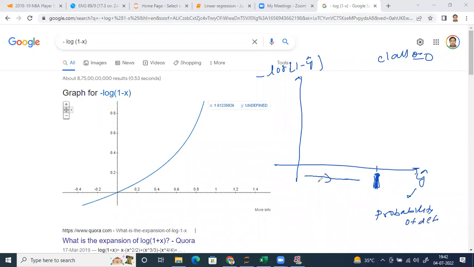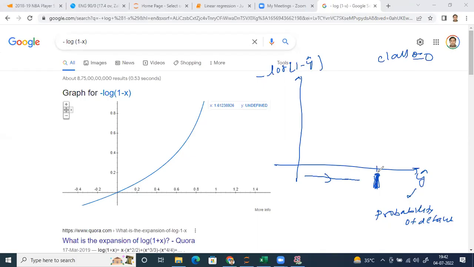So if the probability is increasing towards 1, the probability of belonging to the default class is increasing, or in the opposite sense, the probability of the non-default class is decreasing, right or wrong? When the probability of the default class is increasing, the probability of the non-default class is decreasing.